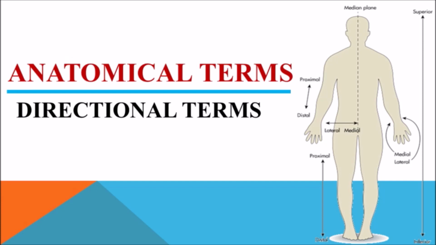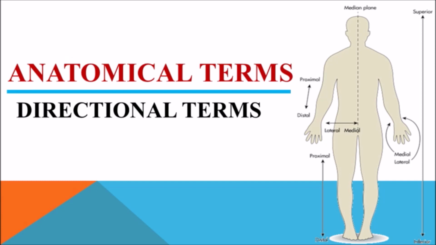So what are anatomical terms? Anatomical terms help us to identify the location of both internal and external body structures. In anatomy we mainly study the structure of the organs of the human body. While we are talking about structure, these directional terms and anatomical terms will be very helpful.